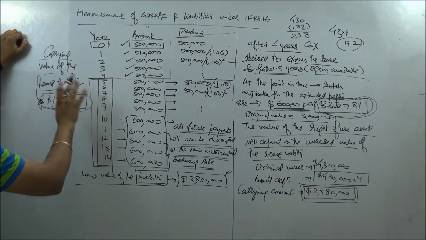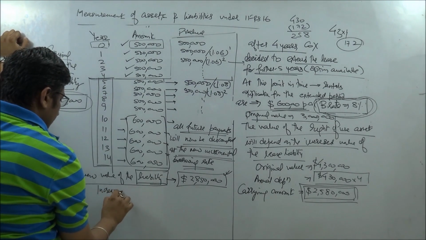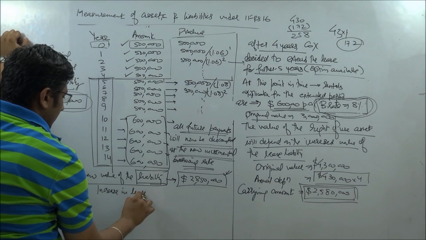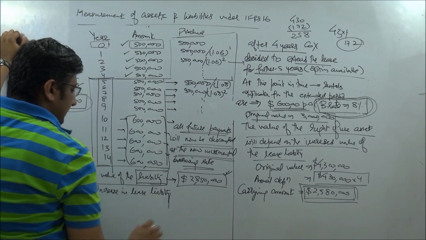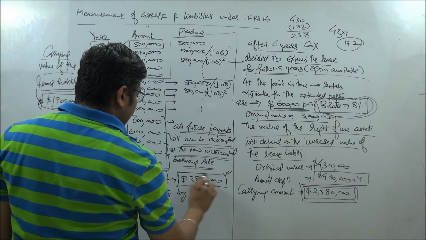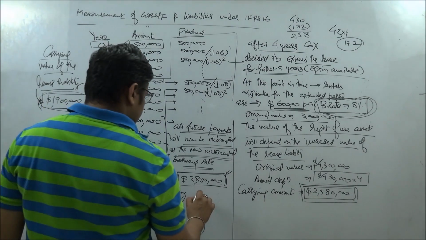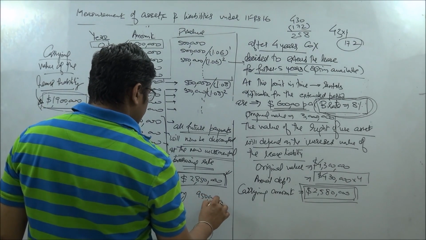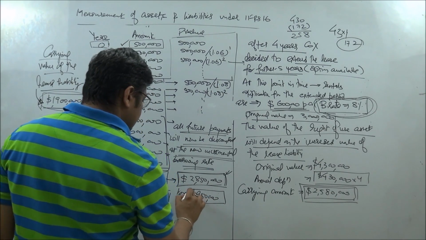That means that there is an increase in lease liability by 2.85 minus 1.9. This becomes $950,000, and this is nothing else.